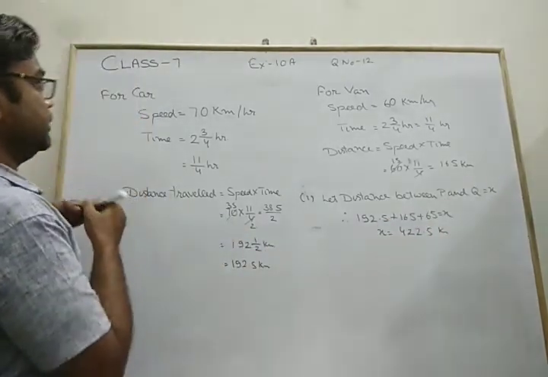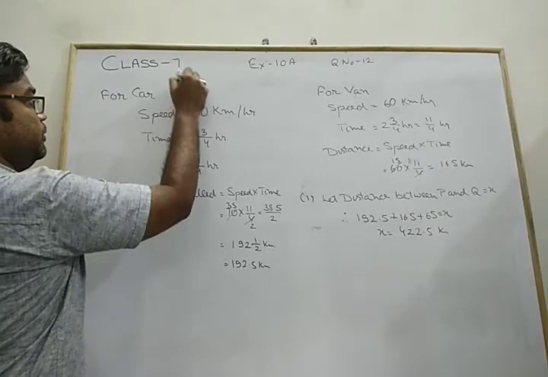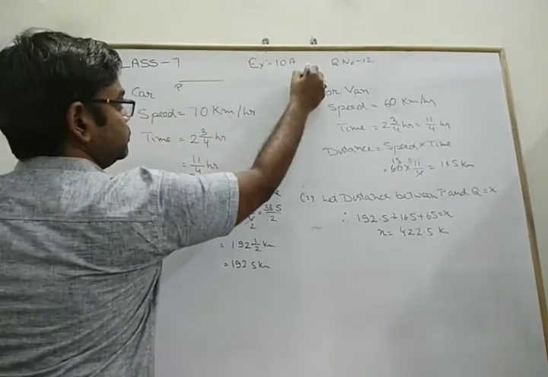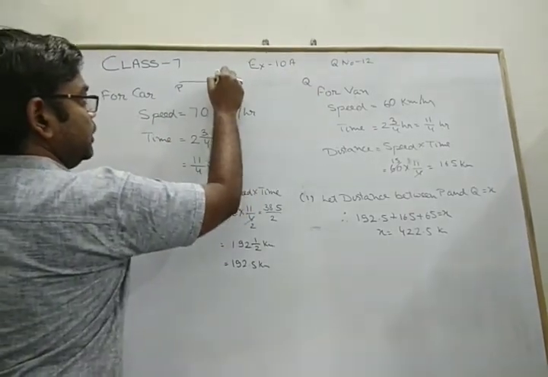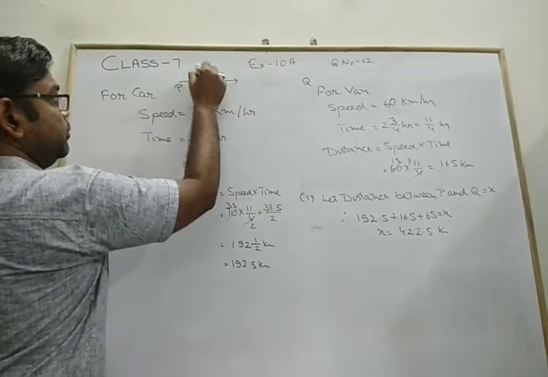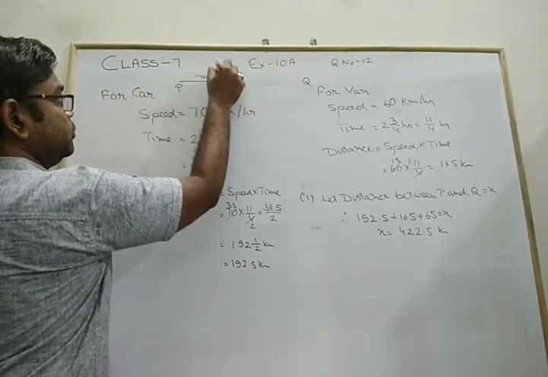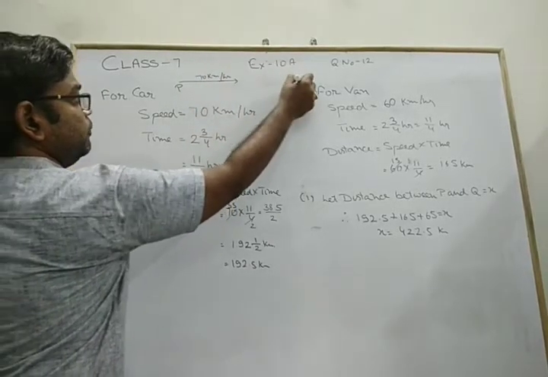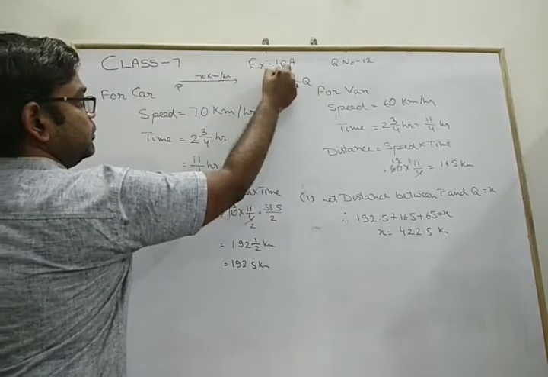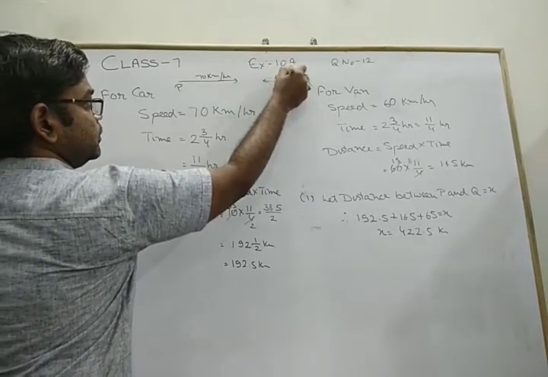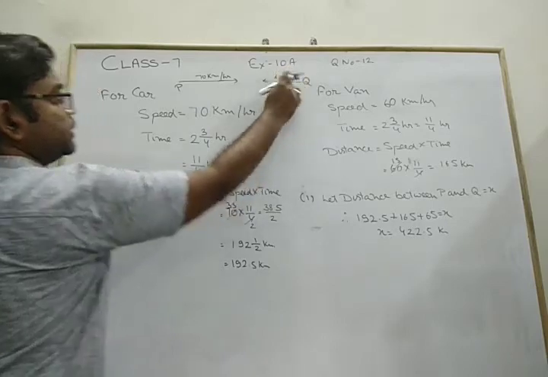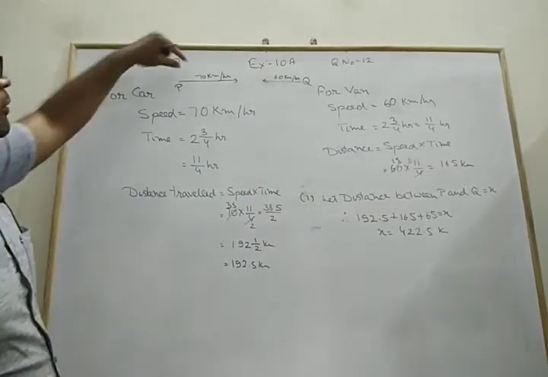If we draw a diagram, suppose this is P, this is Q. The car moves with a speed of 70 km per hour towards Q, and the van moves towards P with a speed of 60 km per hour.